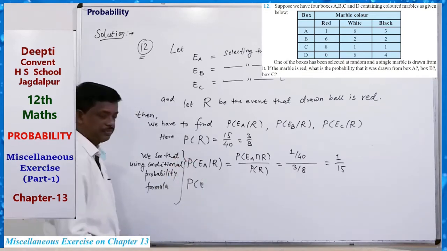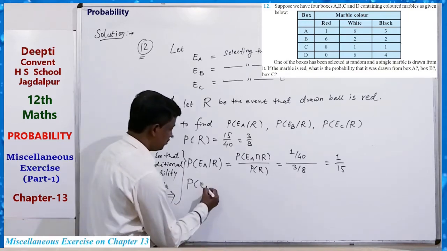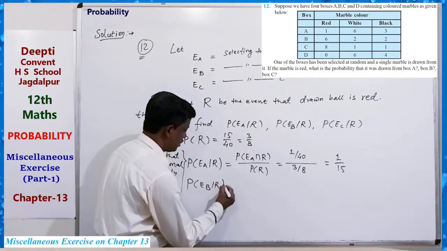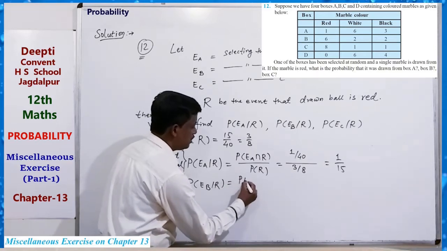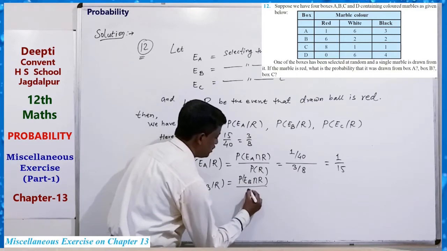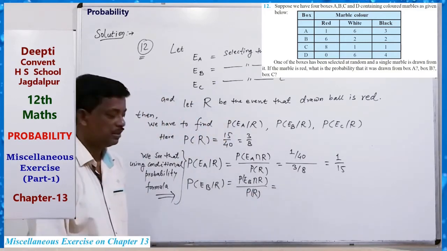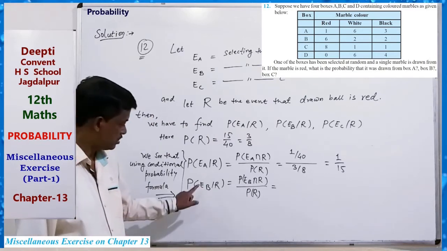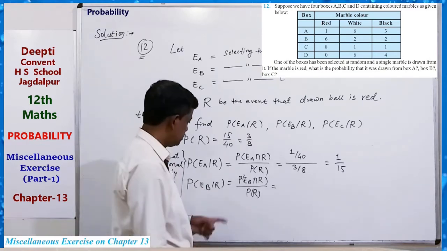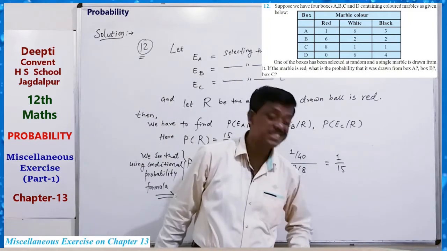Okay, just the conditional probability formula. Here also P(B|R) equals P(B intersection R) upon P(R). From box B, the red ball, both intersection. B contains how many red balls? 6.